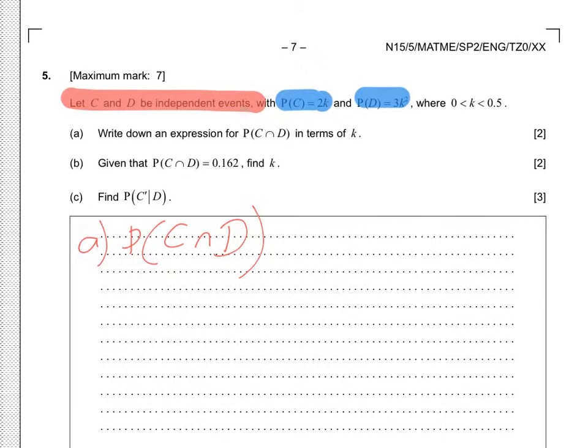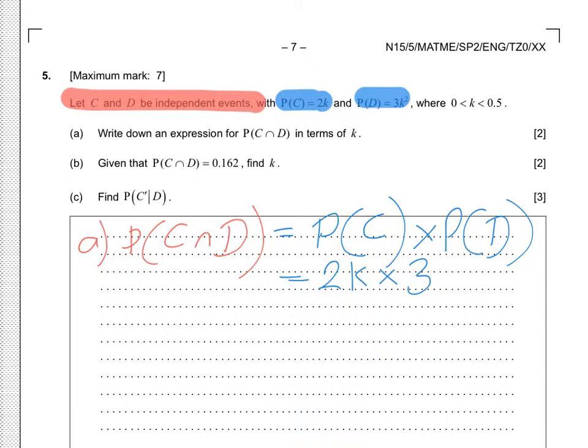Because C and D are independent, and this is in the formula booklet for independent events, the probability of C and D happening is equal to the probability of C multiplied by the probability of D. So it's just a case of doing 2k multiplied by 3k squared, which is 6k cubed.